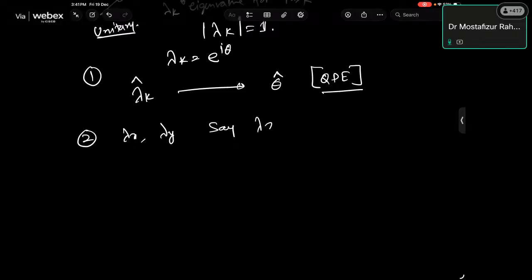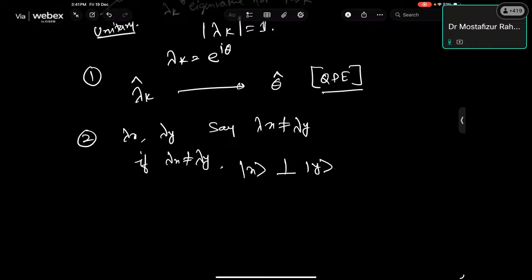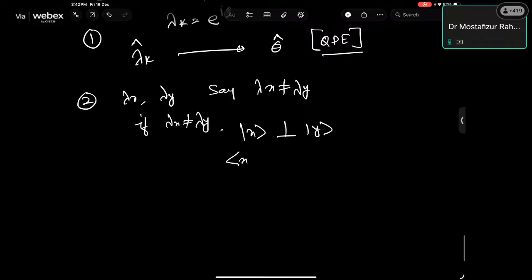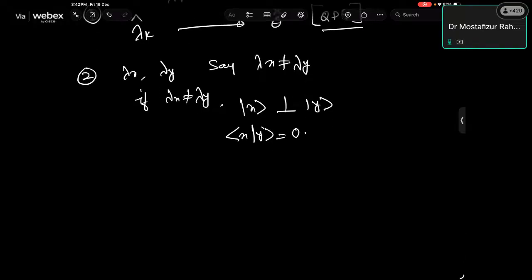Suppose lambda x not equals lambda y, then the corresponding eigenvectors should be orthonormal, that is, orthogonal with unit amplitude, or you can write it this way also: their dot product equals 0, right? So these are some basics which are required.